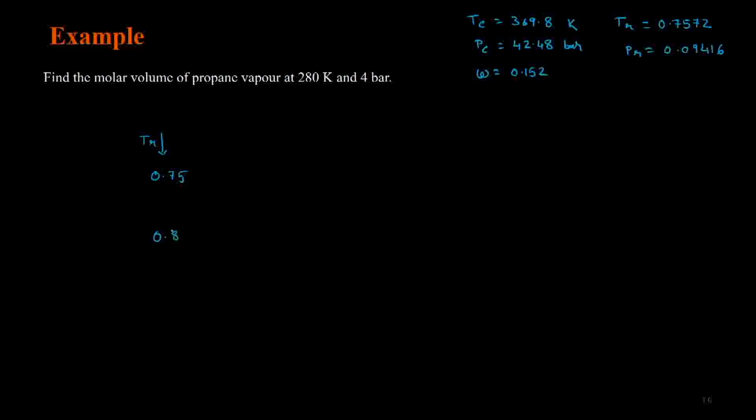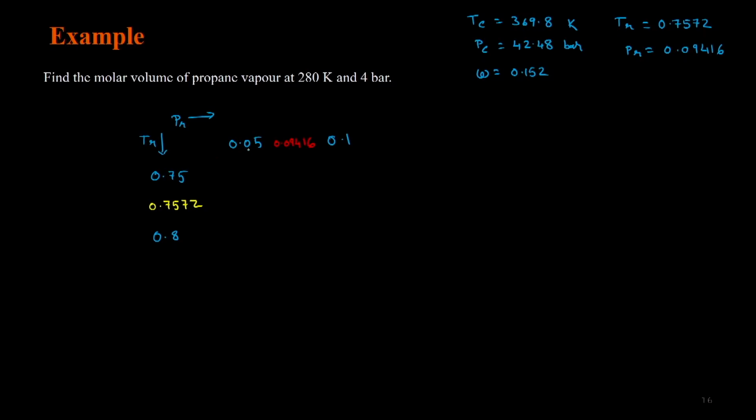I'm interested in 0.7572. I have it at a pressure of 0.05. I also have it at a pressure of 0.1, but what I'm interested in is at a pressure of 0.09416, right?